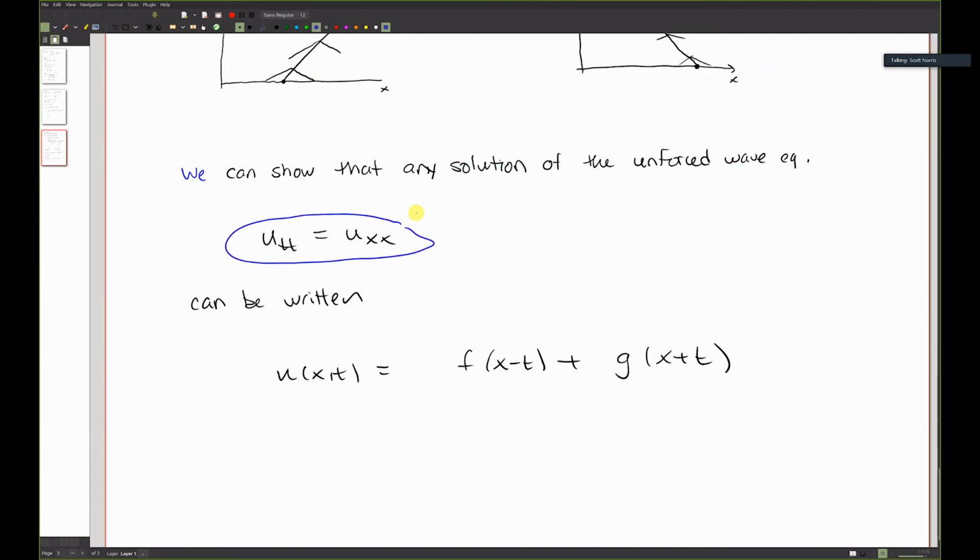It's also potentially useful from a solution standpoint for this unforced wave equation because the nature of the solutions to the wave equation tend to be such that there's no smoothing that ever gets applied. All right.